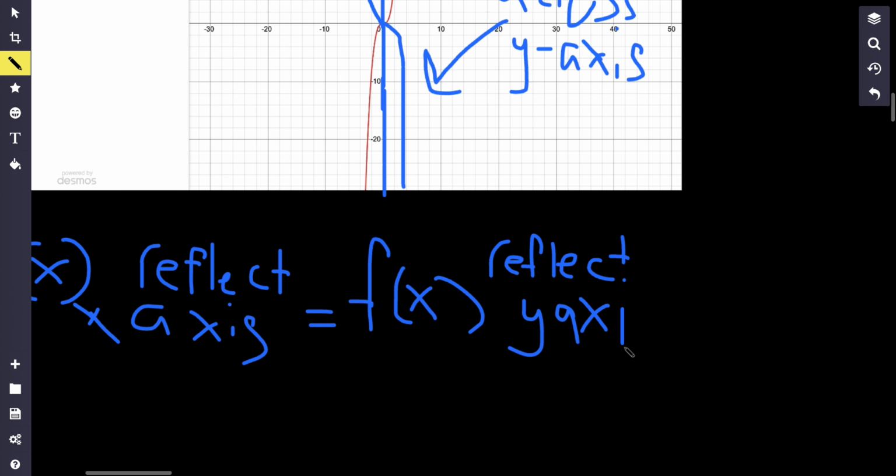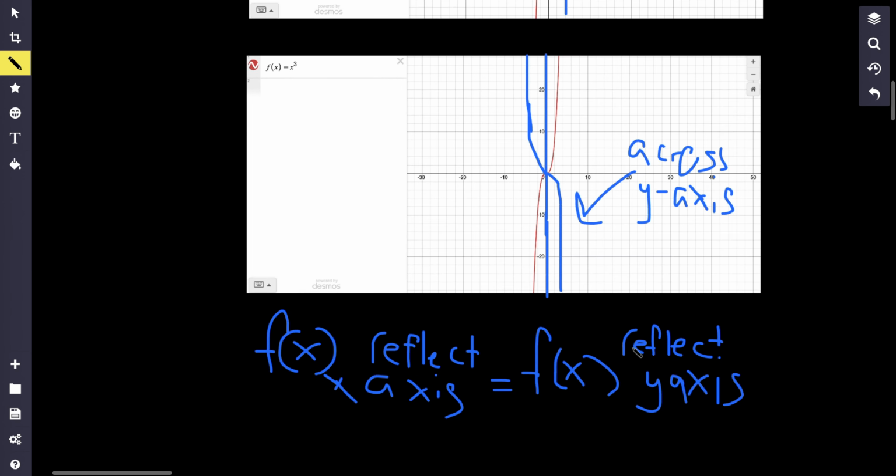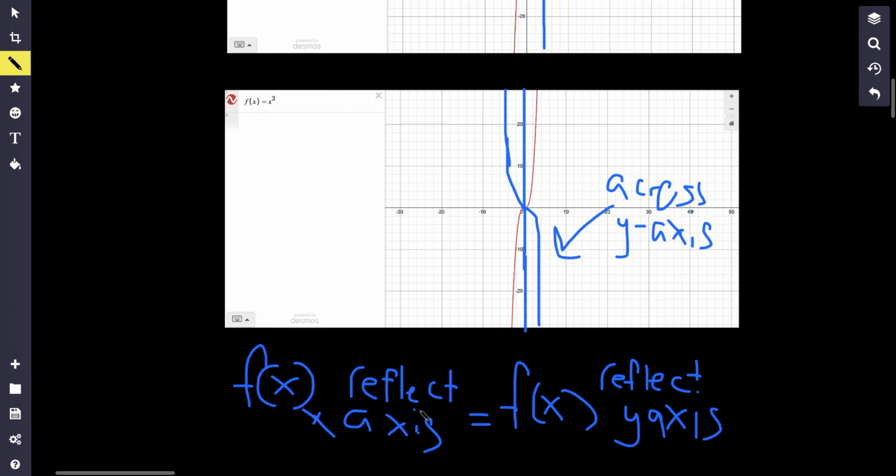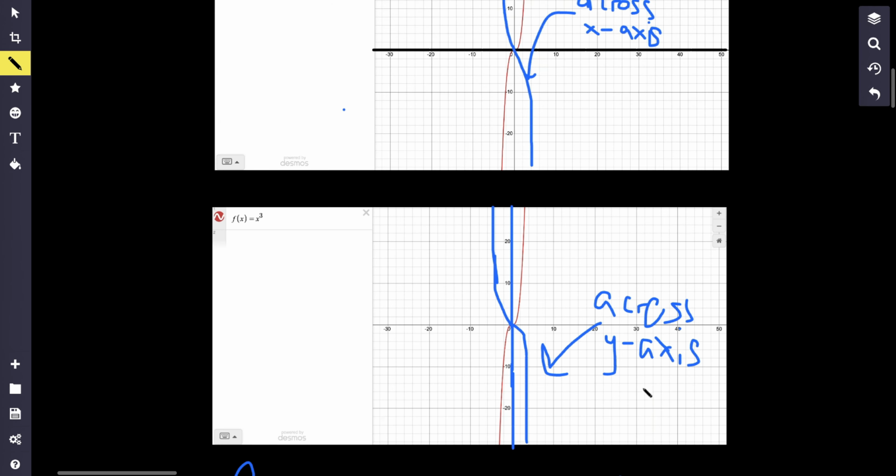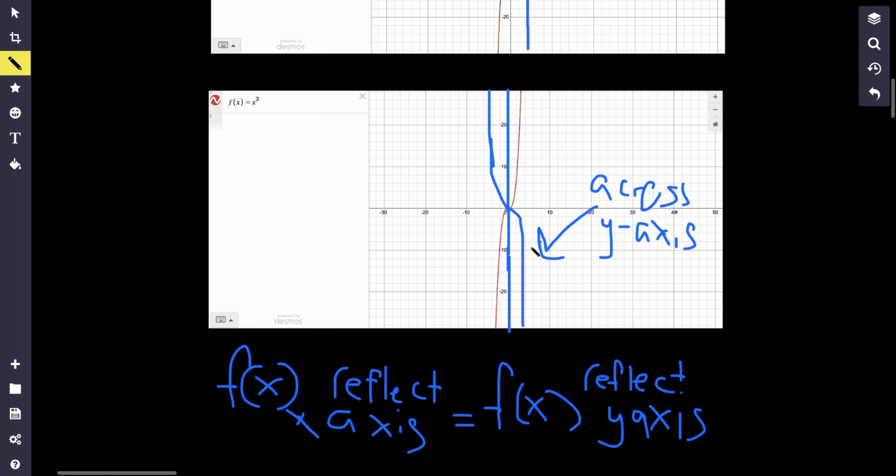So that's the main point I want to get across. F of x reflected about the x-axis is the same function as f of x reflected across the y-axis if the function is odd.